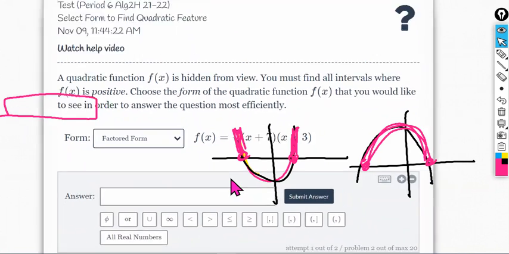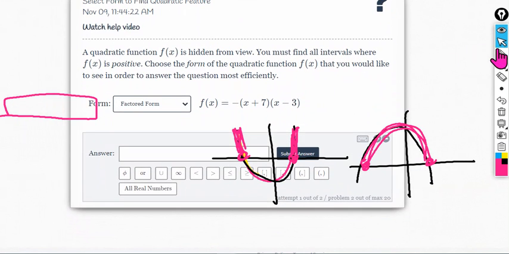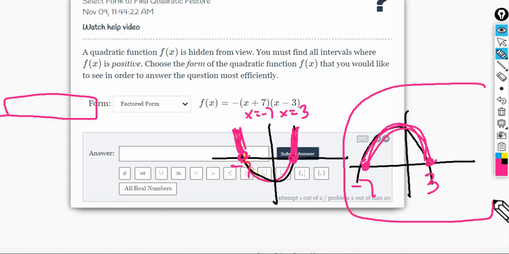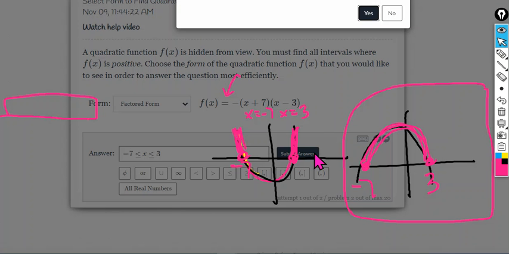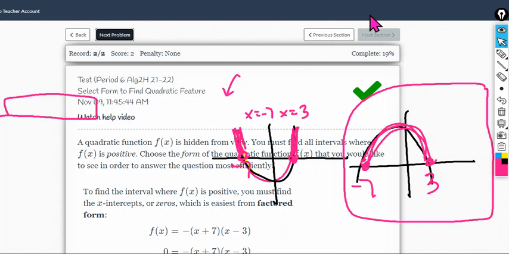So where are the roots? Well, in this case, the roots are at -7 and 3. Now I picked the concave down graph because of the negative. -7 less than or equal to x less than or equal to 3. Any notation is fine. It's between the intercepts. Yay!